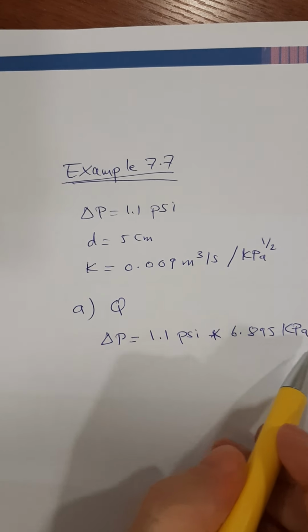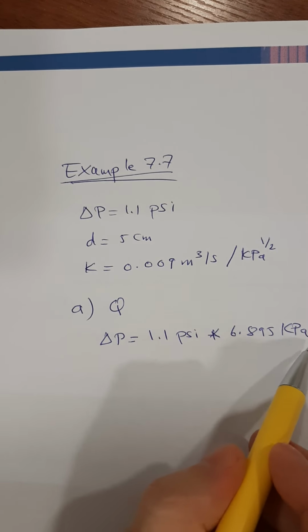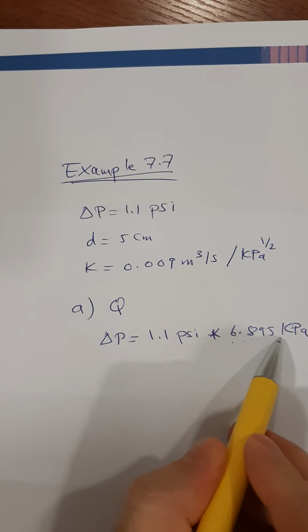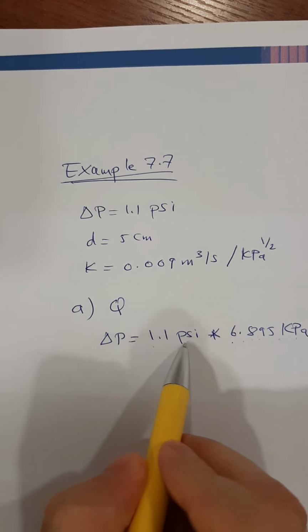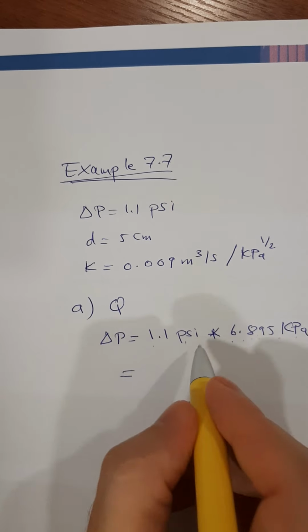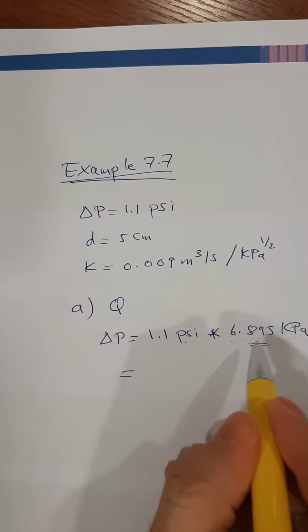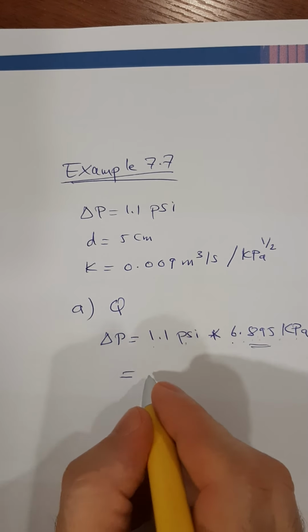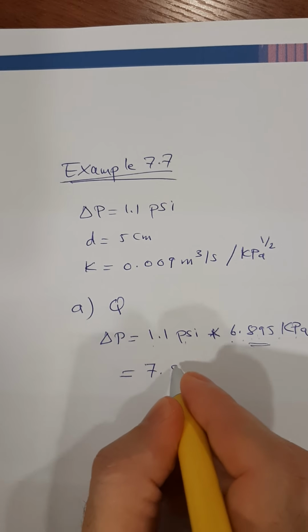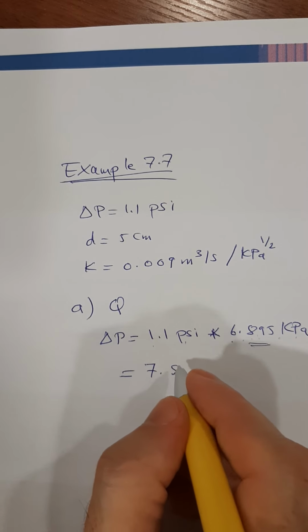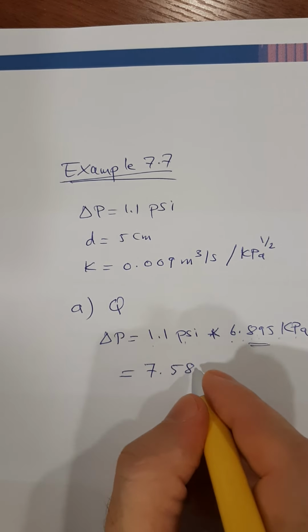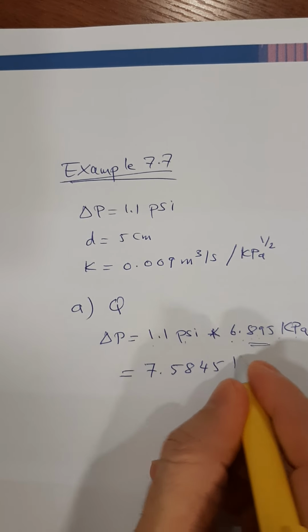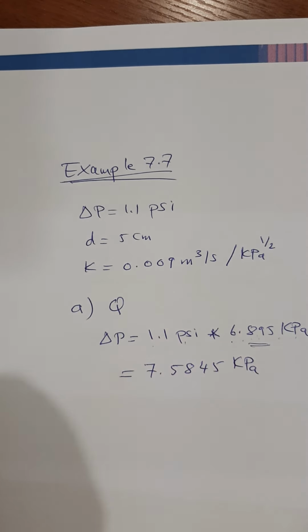Each psi equals 6.895 kilopascal. So we have 1.1, then we multiply with this conversion factor, and the result will be 7.5845 kilopascal. This is the differential pressure.